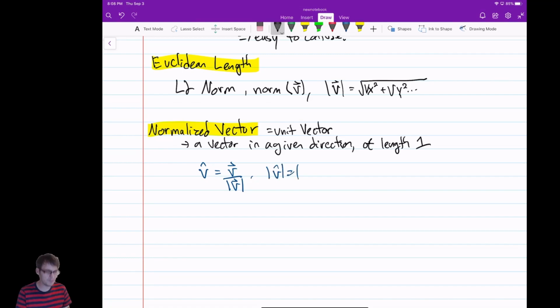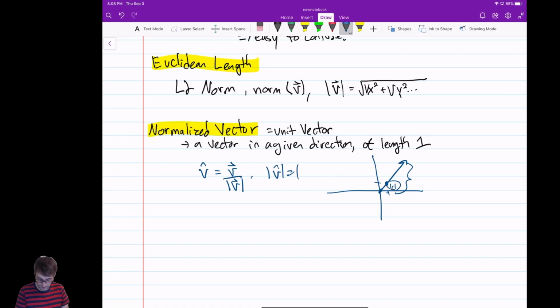Sometimes this trips people up, but I think the intuition is not so bad. Think about this. I have some vector here, and let's say its length is 5. If I take that vector and divide both components, x and y, by 5, bam, since I know the length is 5, the new length is going to be 1.